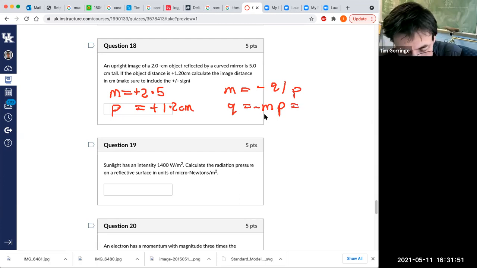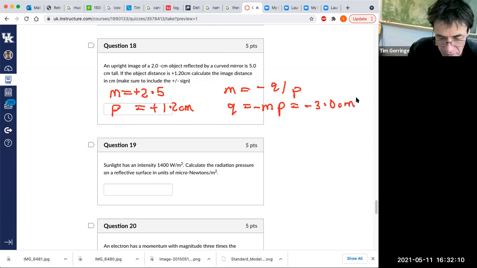And if I plug in the magnification of 2.5, the object distance of 1.2 centimeters, I'm going to get minus 3 centimeters. And so that's the image location.